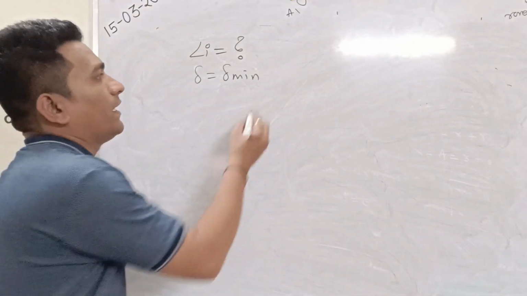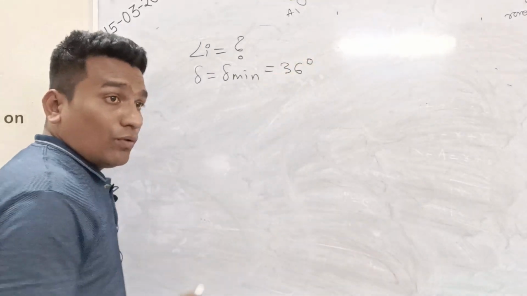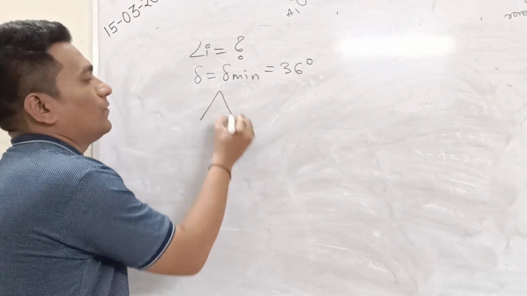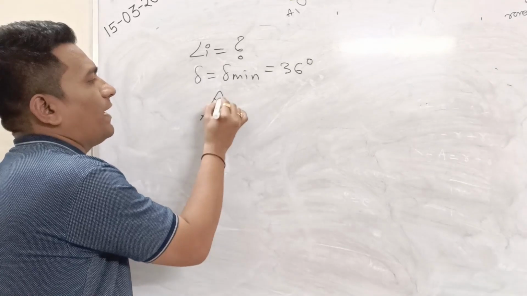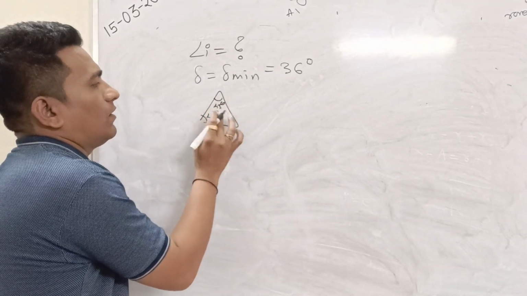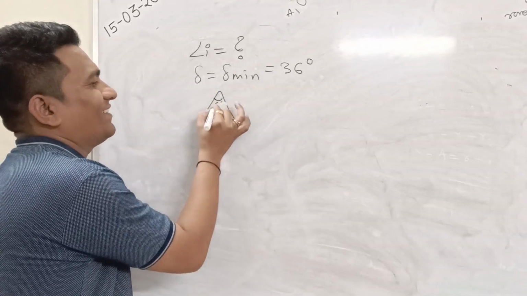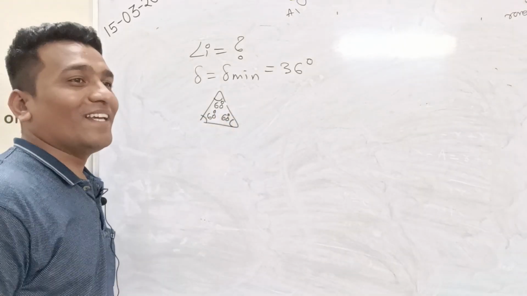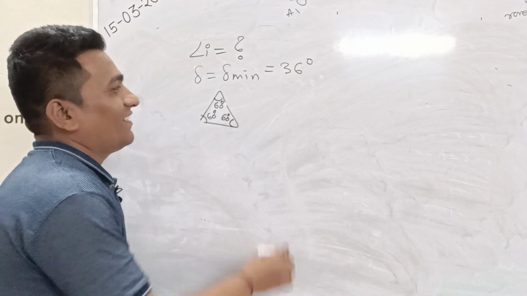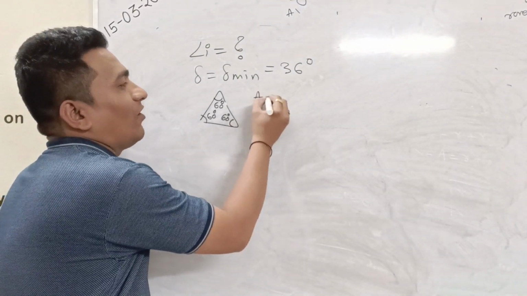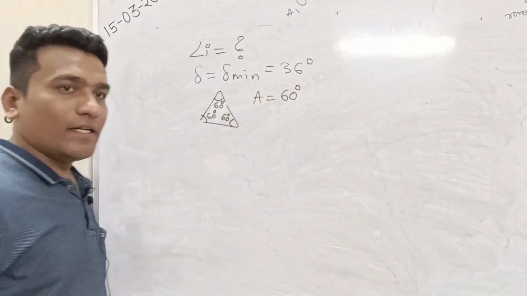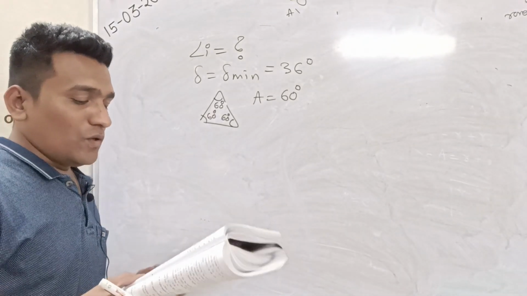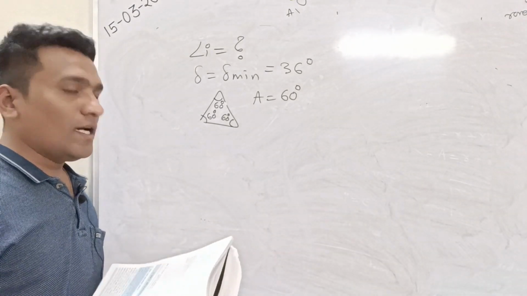Each angle is 60 degrees, my mistake. All three angles add up to 180. So the angle of prism is 60 degrees.